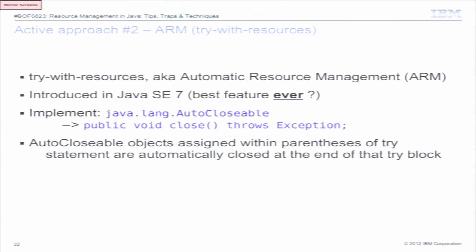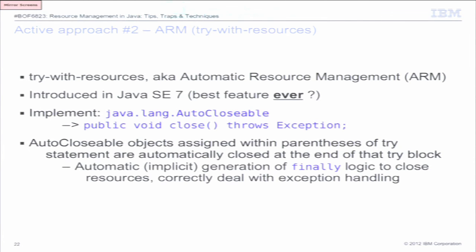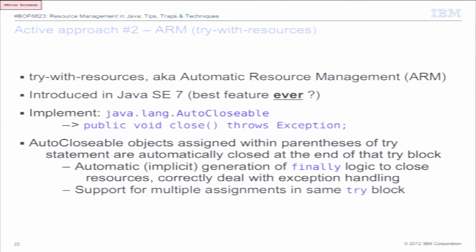Basically, AutoCloseable objects which are assigned to variables within the parentheses introduced in Java 7 for try blocks are automatically closed at the end of that try block. So it implicitly generates all the nasty, complex finally logic and exception handling code for you, so you don't have to, which is why it's the best feature ever. It supports multiple assignments in the same try block, and it's really fab.